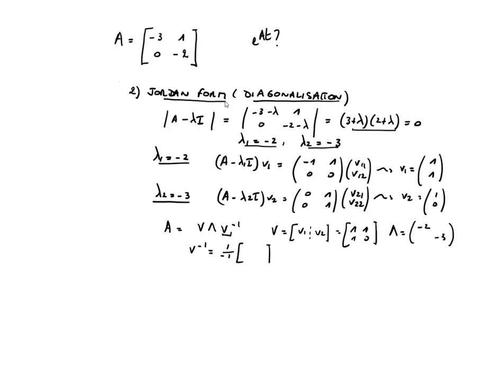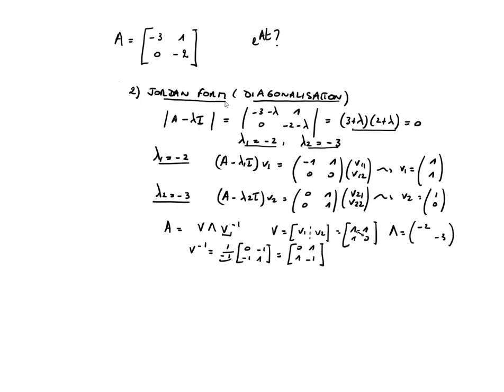Then we have to swap these two and change the sign of the others. So we have 0, 1, and a minus 1 here. Because of the minus 1 in front, we have 0, 1, 1, minus 1.